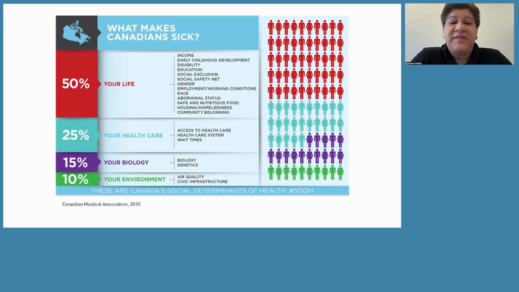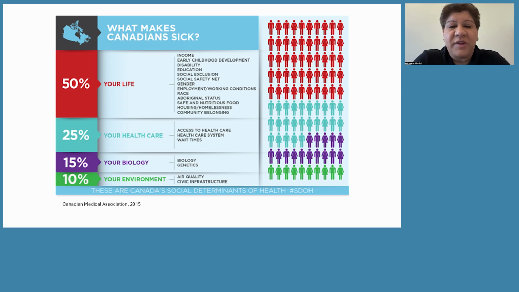So I wanted to point out an alternative kind of framework, if you will, that you may or may not have seen. This is produced by the Canadian Medical Association, and it's an infographic that essentially says, if you were to think about your health as being determined by a set of factors that add up to 100%.